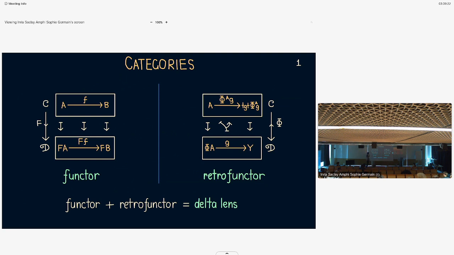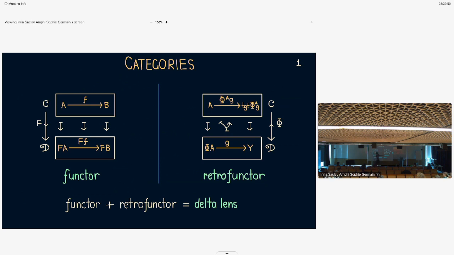So we have the notion of functor, and we have the notion of retrofunctor, and then you can bring them together. So if I have, say, a functor F and a retrofunctor phi between the same pairs of categories, such that their object maps are the same, and there's some compatibility condition between the action of F on morphisms and the lifting of phi on morphisms.